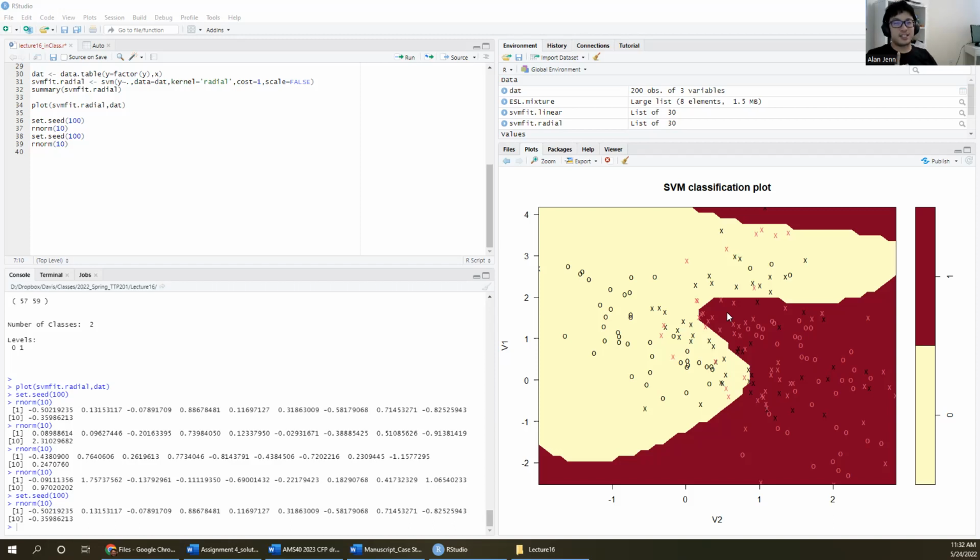I think, if I recall, it's a lot easier to overfit with KNNs than it is with an SVM.